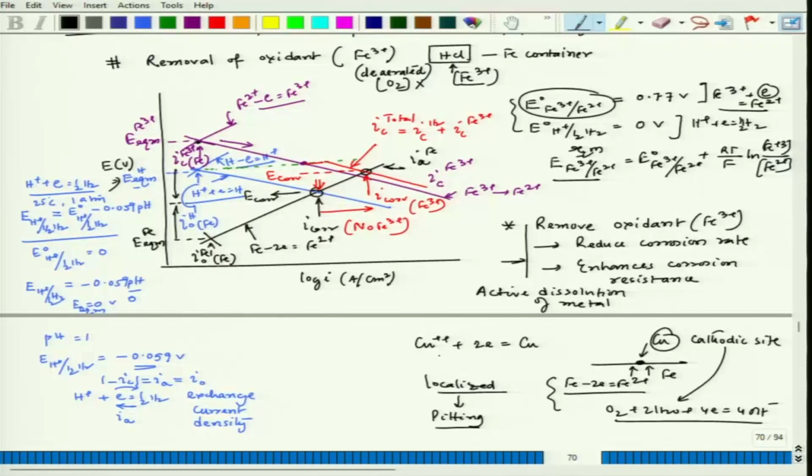Now, this is also a serious oxidant. Why? Because E naught Cu2+/Cu is nothing but 0.34 volt, whereas E naught Fe2+/Fe is equal to minus 0.44 volt. So we could see that copper ion is a serious oxidant.